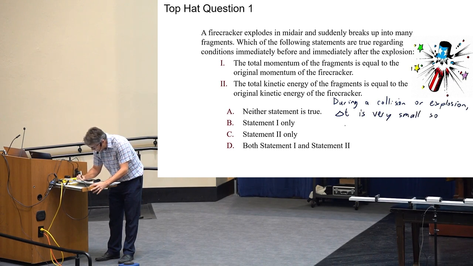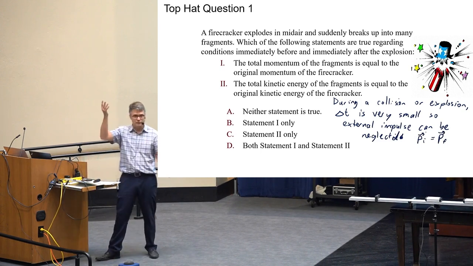So external impulse can be neglected. Or anyway, it's very small, so it's approximately true. So what that means is that P initial is equal to P final.